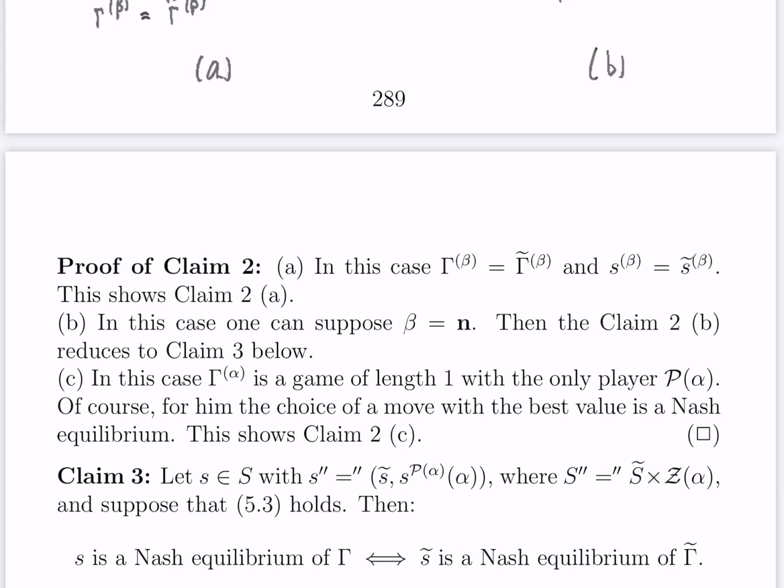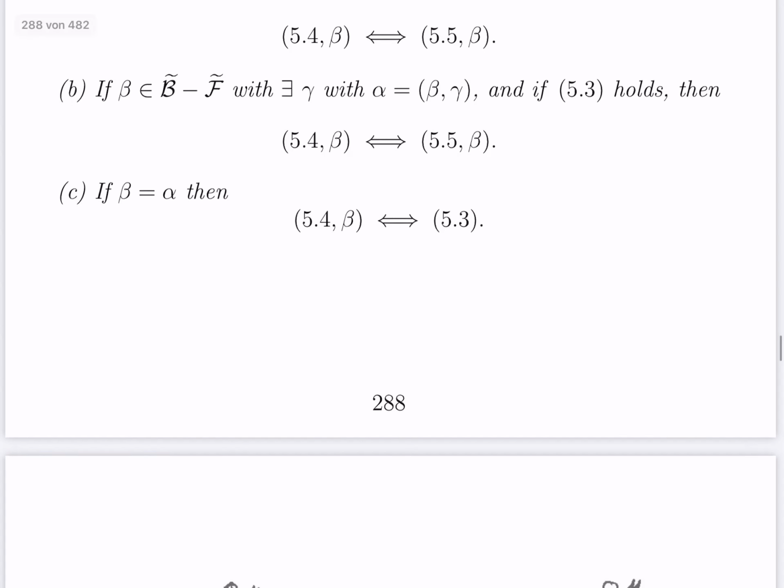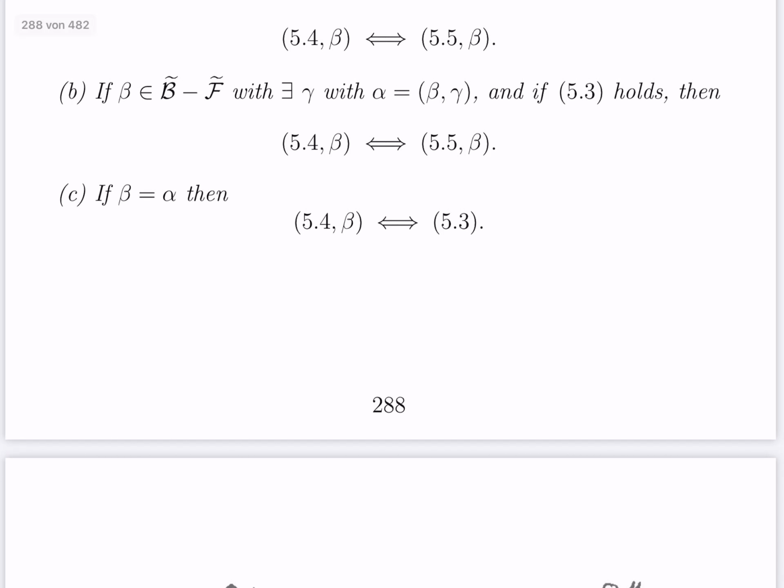So if you have a one-player game, a Nash equilibrium is a rather trivial thing. Nash equilibrium is just an optimal strategy of this player. And here the strategies are precisely the moves which are possible after play alpha, and the optimal moves are the moves which are Nash equilibria and which satisfy 5-3. Therefore, in this part C, also 5 beta is equivalent to 5-3.